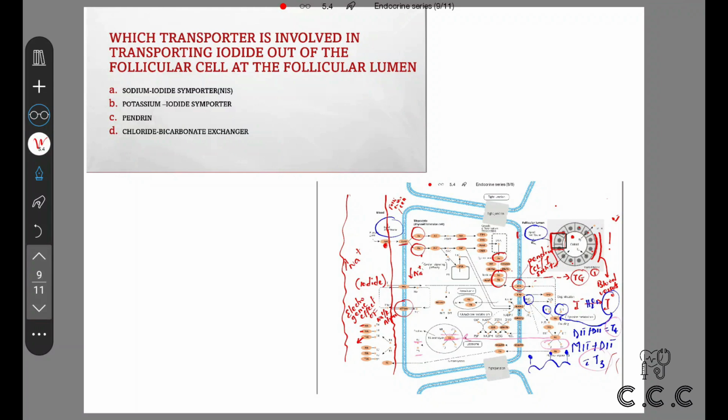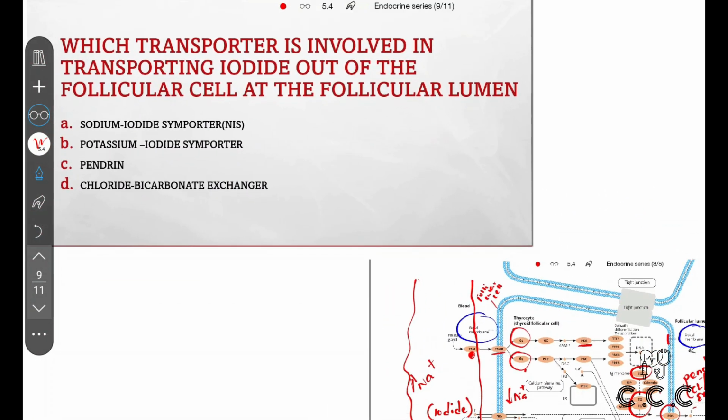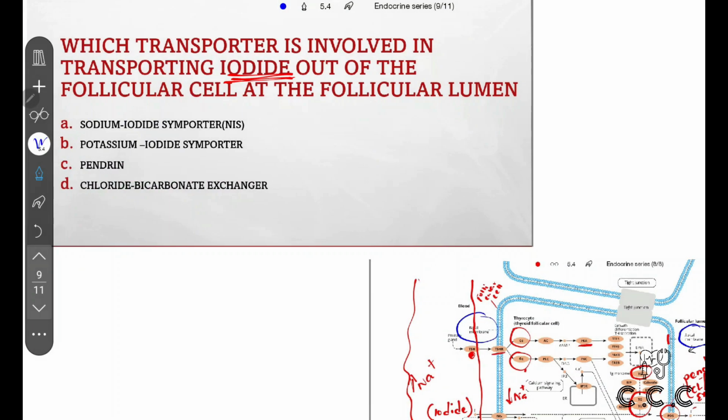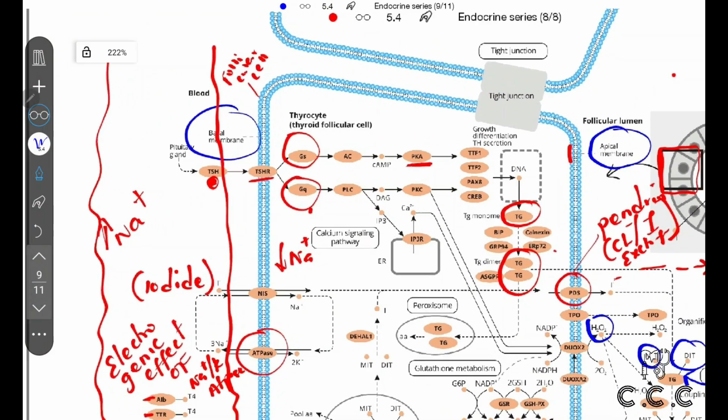So remember that when we are considering iodide, we must remember that it is still in the negative form. So iodide is this form, and so which transporter moves iodide from the follicular cell into the lumen? Let us go and check from our diagram.